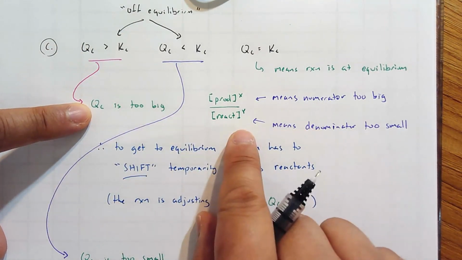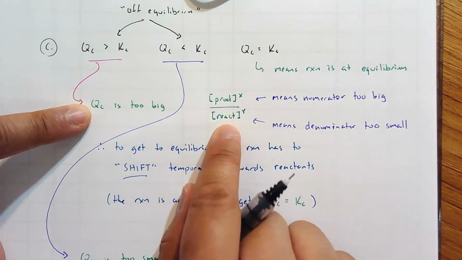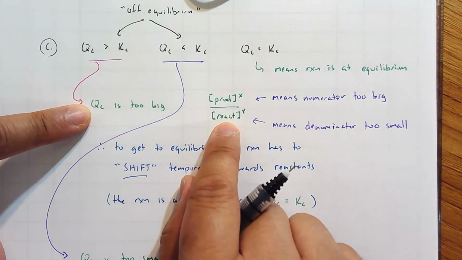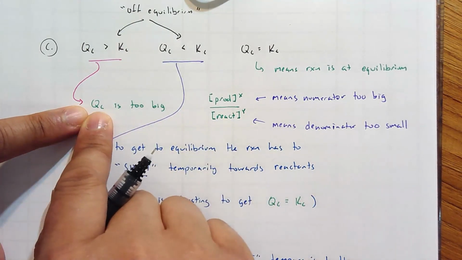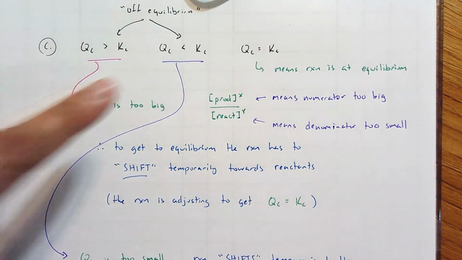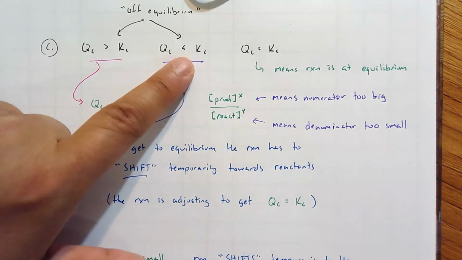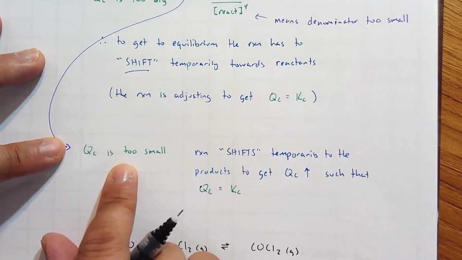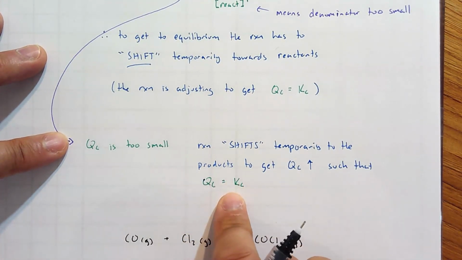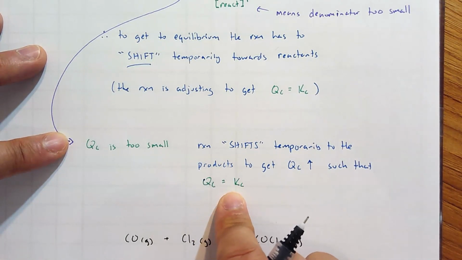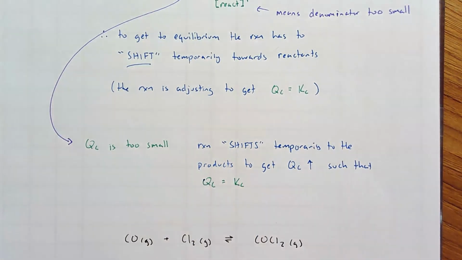You gotta make this number, the denominator, bigger, to make Qc smaller. But if you calculate Qc to be less than Kc and Qc is too small, then you gotta push towards the products to get Qc to be equal to Kc. Ugh, getting a little bit tongue-tied.